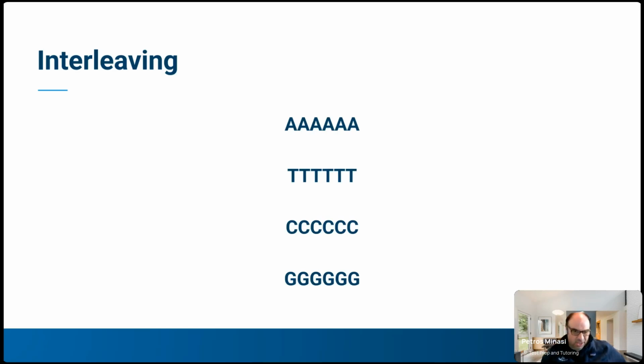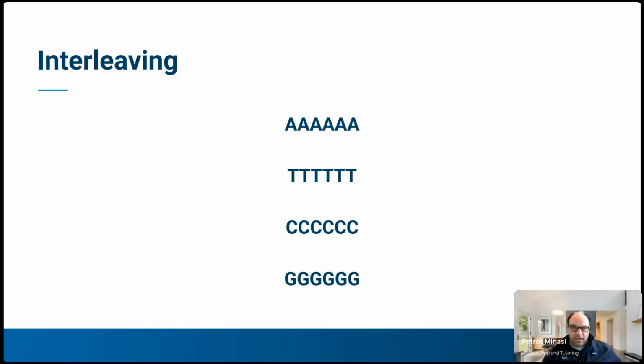The last thing you want to be doing is studying all of A, and then moving on to studying all of T, and then moving on to studying all of C, and then moving on to studying all of G. Because what's going to happen by the time you've studied all of G, you will have forgotten the majority of the information about A, whatever A might be. And this is, again, just a silly example for you.